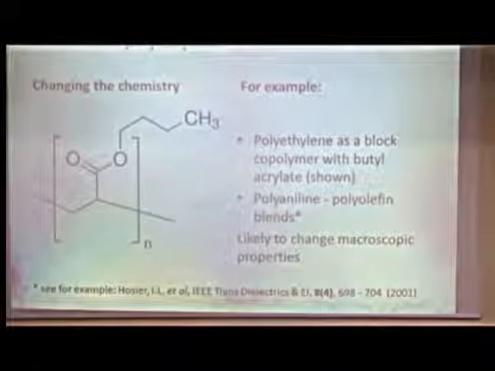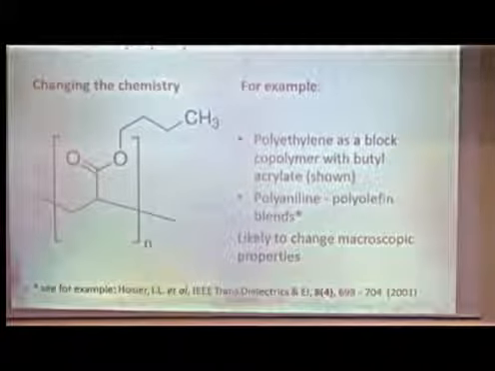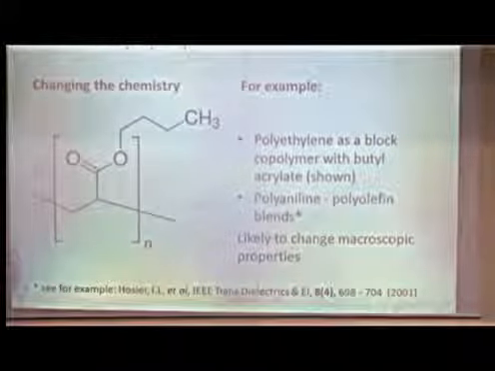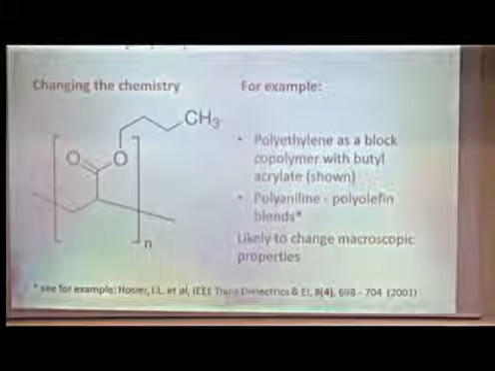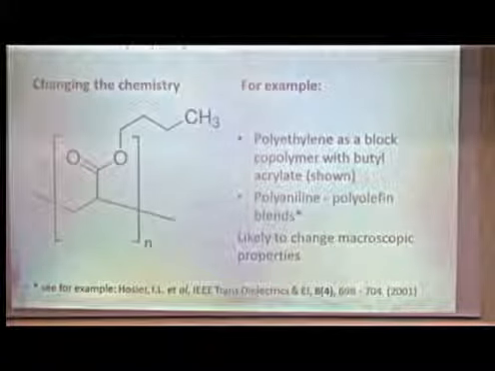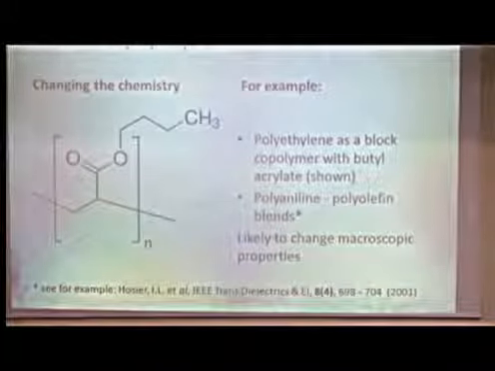And that is likely to lead to a change in the macroscopic properties and probably change the morphology of the polyethylene. And so we could well be changing the conduction mechanisms and probably the chemical trapping mechanisms that one might see in this sort of material.